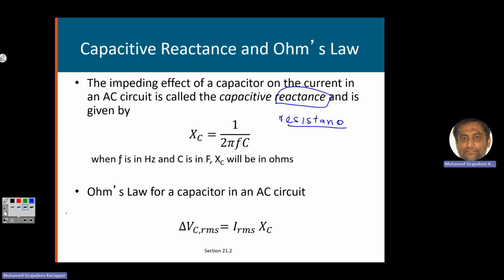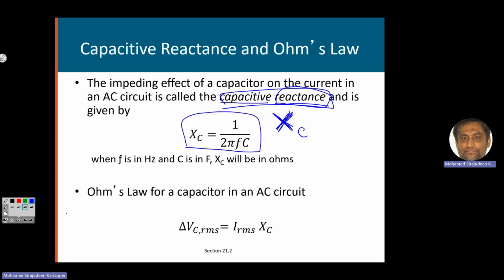We will have a similar thing with the inductor also. There's a reactance from the capacitor, and also a reactance from the inductor. Because it is from the capacitor, we call it capacitive reactance. We use the symbol X for reactance, and because it is from the capacitor, we put the subscript C. So capacitive reactance is X sub C. Without showing how it is derived, I will just give the formula.